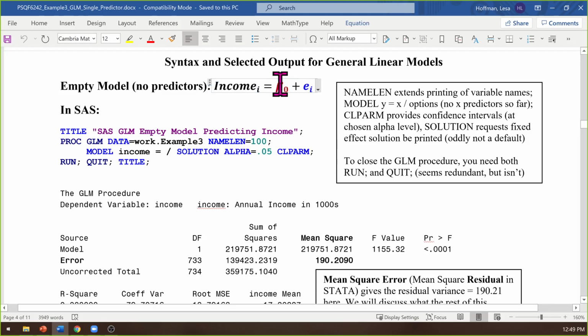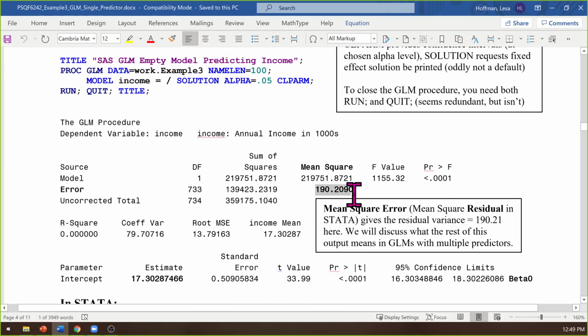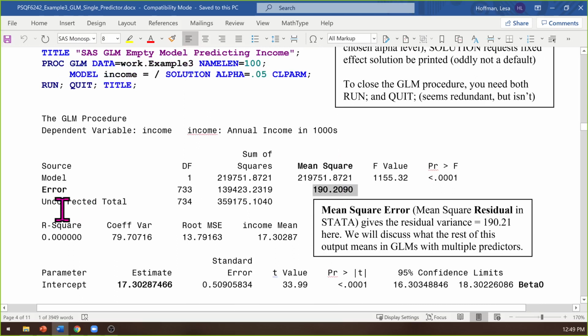The only effect that is in it to build the model is beta 0, the intercept, which means that our best guess for each person would be the mean of the outcome. And then from there, we make a better guess by customizing that mean as a function of one or more predictor variables. So at this point, 190 as it shows up on the output, in the mean square column, is called error in SAS.